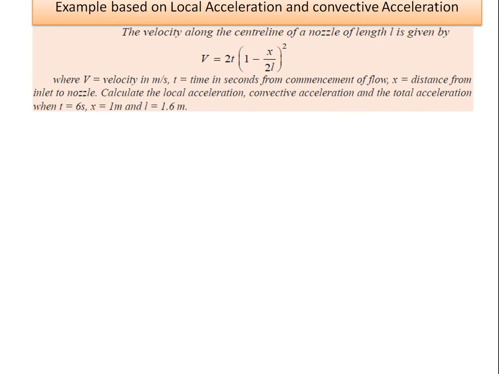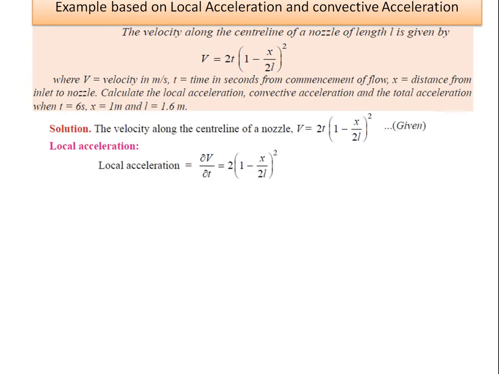Calculate local acceleration, convective acceleration and total acceleration when t = 6 seconds, x = 1 meter and L = 1.6 meter. In this problem we have the equation of velocity for the center line of the nozzle of length L, given as V = 2t(1 − x/2L)².